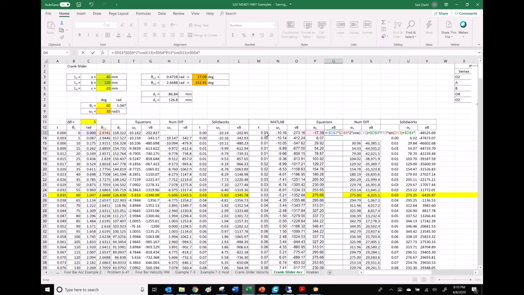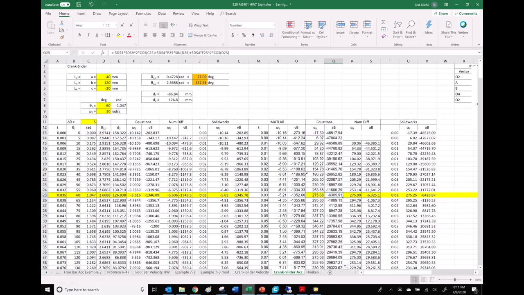So omega 3 from equations, make sure we do it from equations, squared, and then times the cosine of theta 3. And if we were very, very, very lucky, we didn't make some stupid mistake. Ta-da! Oh, we were lucky. So there's the answer.